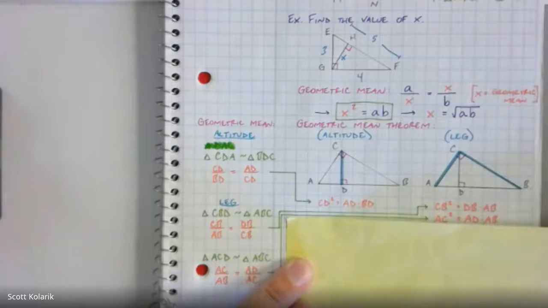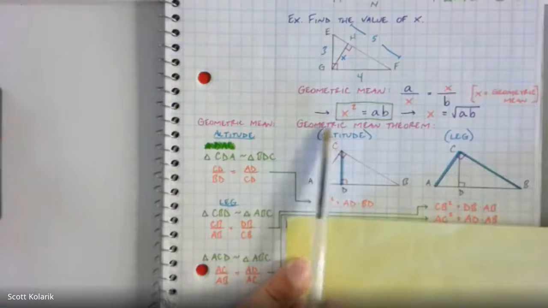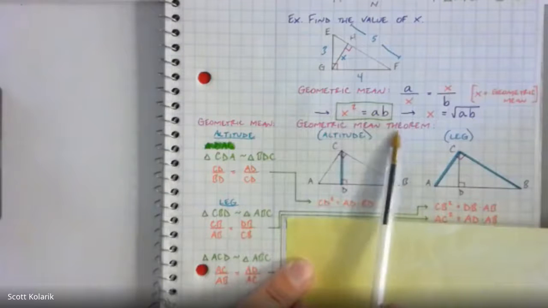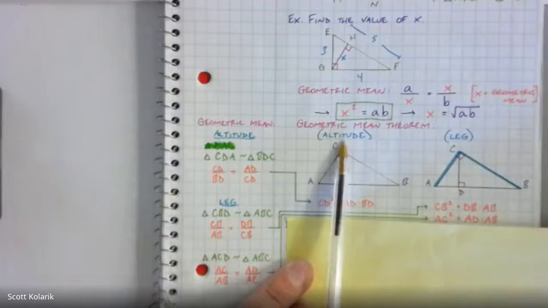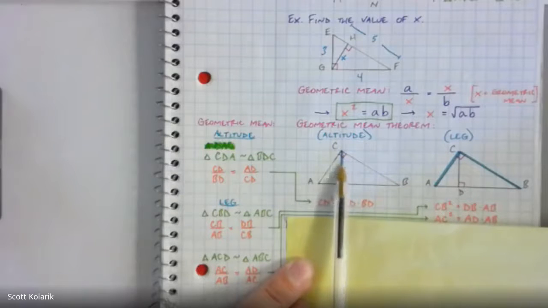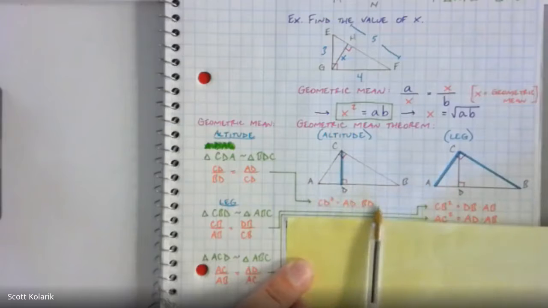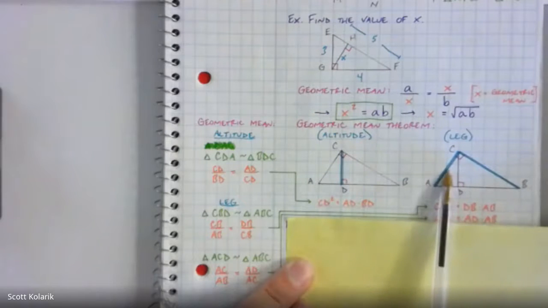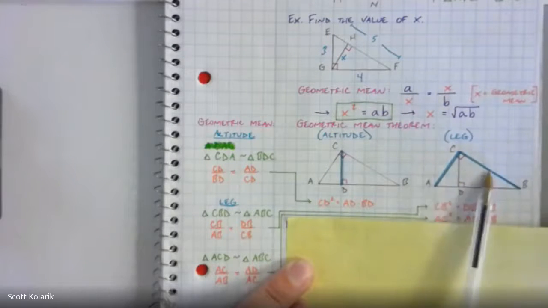But what these 2 theorems refer to, and by 2 theorems, I'm talking about the geometric mean theorem having 2 different applications, either for solving an altitude, if I know the length of this piece, or if this is the piece I'm trying to solve the length of, there's a shortcut way to solve for that bit. Or if I'm being asked to solve for either of the legs of the major triangle.